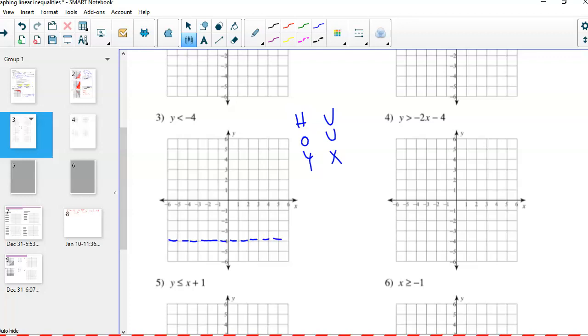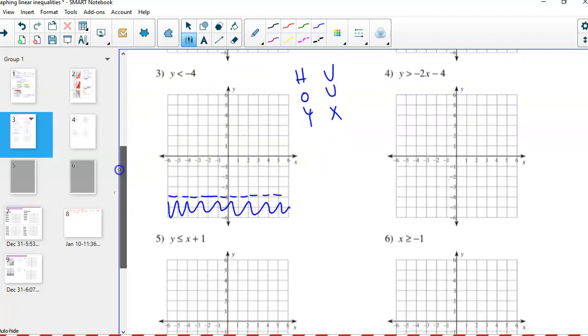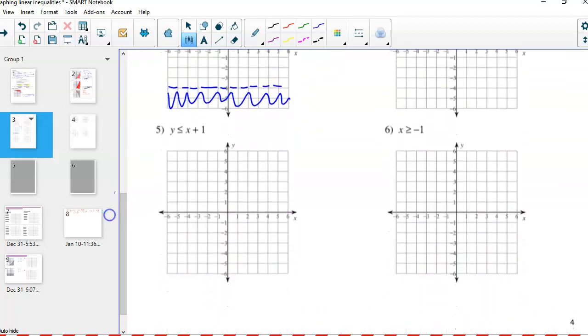And then for this, will it be shaded above or below? Below. For number 6, what type of line will this have? Solid line. It'll be vertical and solid at -1.